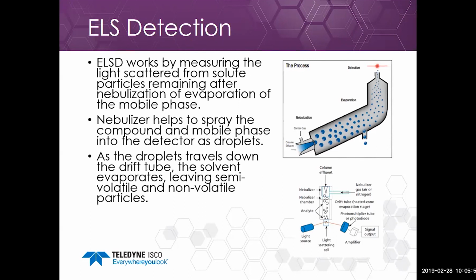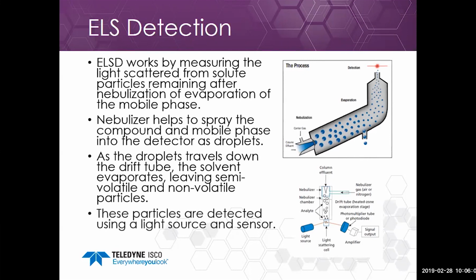And then you have a drip tube, which is the long portion where your solvent begins to evaporate and leave the drip tube while your particles remain, continuing down the drip tube until they encounter the light source and sensor, and then we can measure the light scattering of the particles.